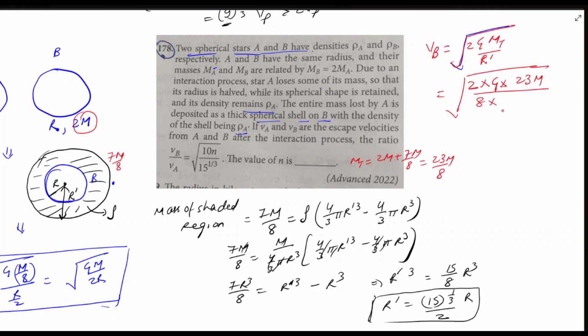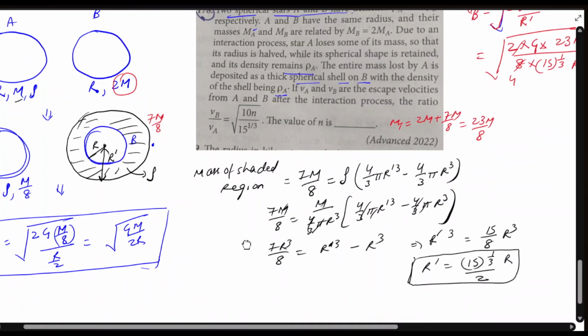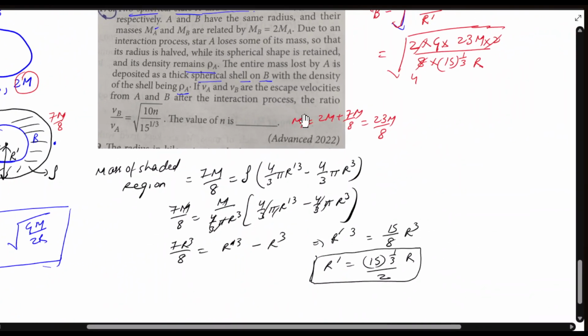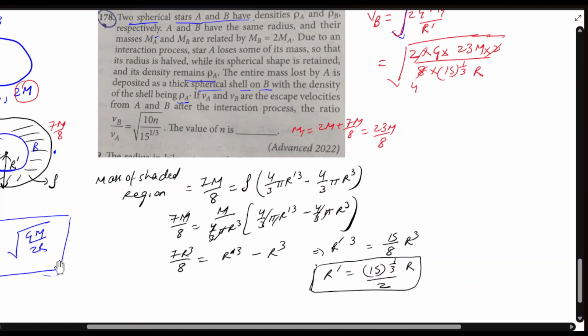So let's just put it over here. So we have 15 to the power 1 by 3 and 2 will go here, and r is like this. So this will get cancelled and it will be 4, right? Now let's divide this and this.